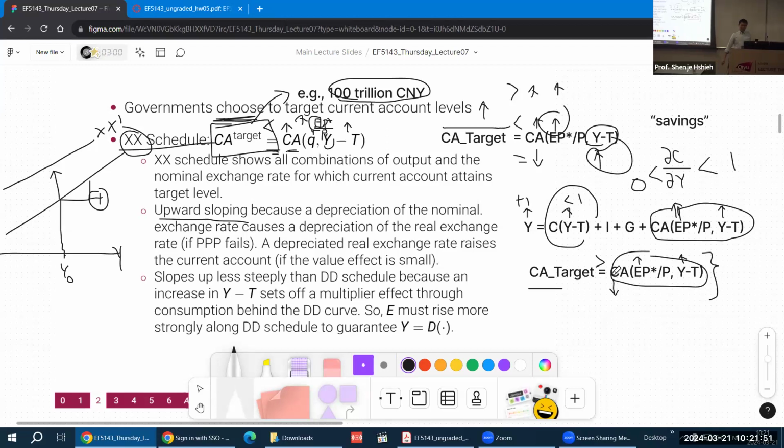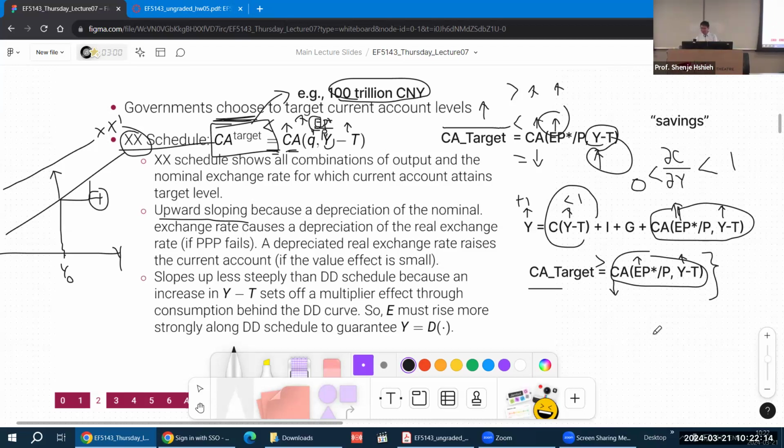In the aggregate demand function here, if we change Y, it changes in 3 places. Here, here, and here. Agree? E has to move to offset stuff, right? That's the idea. We want to think about how E changes to offset the change in Y, so we figure out the slope. Right?